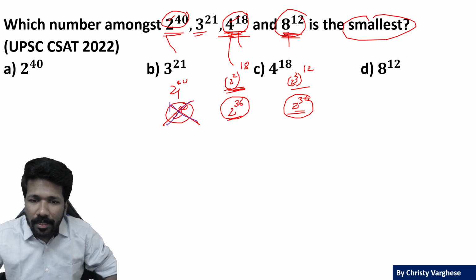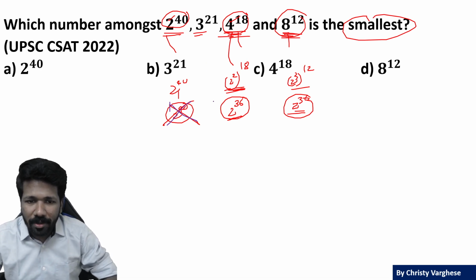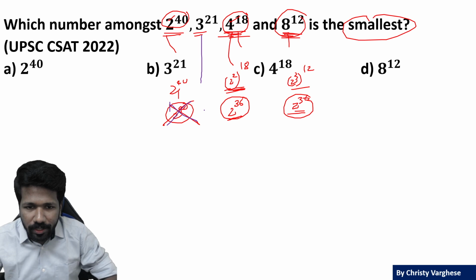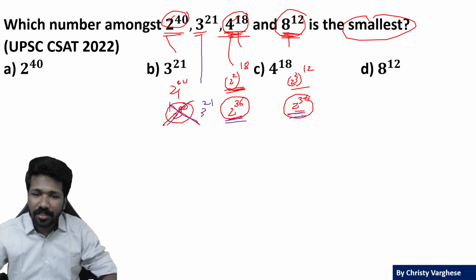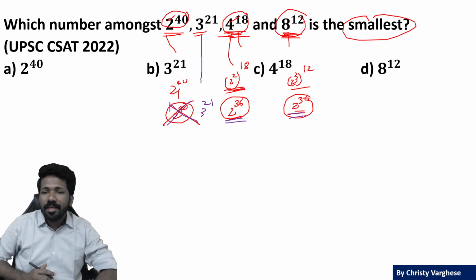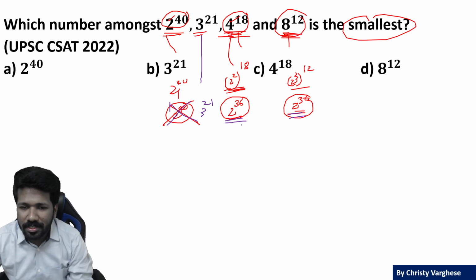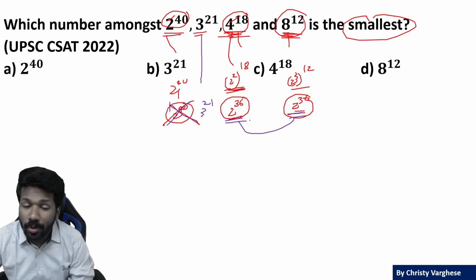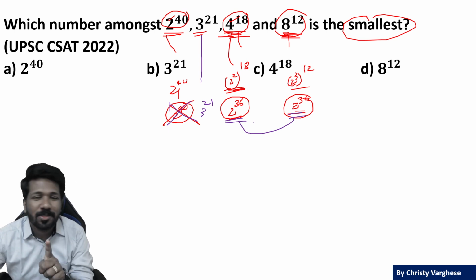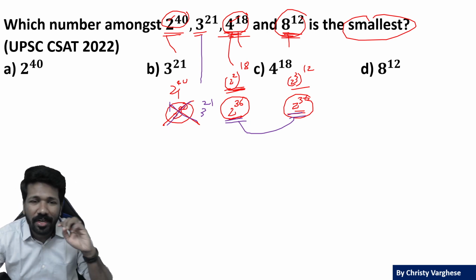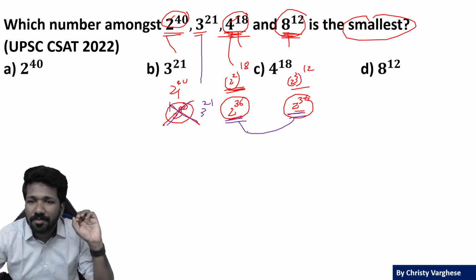So now there are 3 options remaining. 3 raised to 21, 2 raised to 36, 2 raised to 36. Listen very carefully. There are two 2 raised to 36 here. 2 raised to 36 being the answer is not possible because if 2 raised to 36 is the answer, 2 answers will be correct.